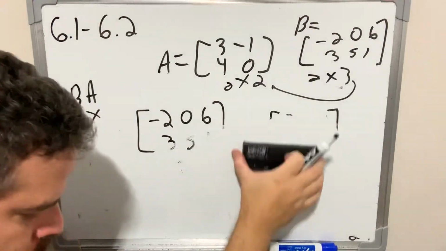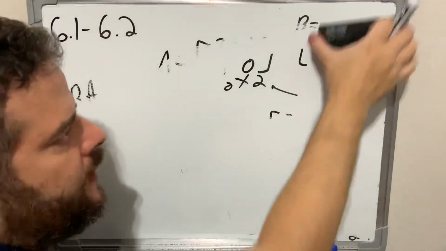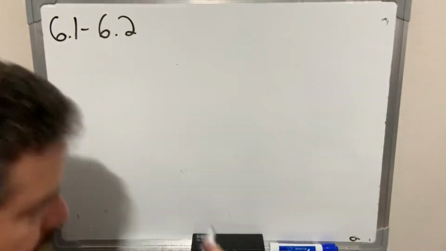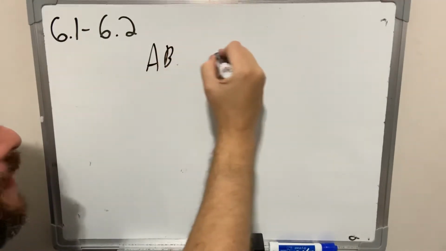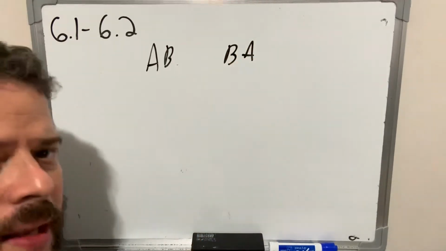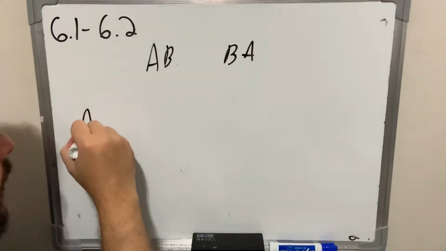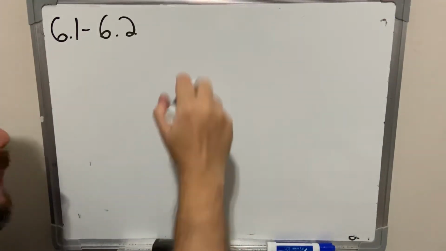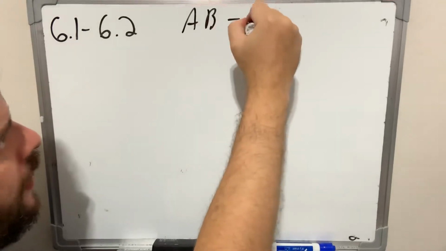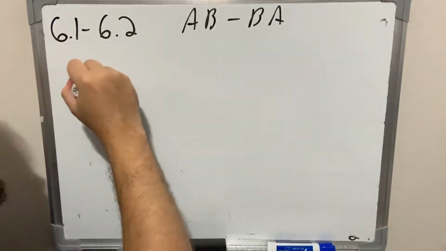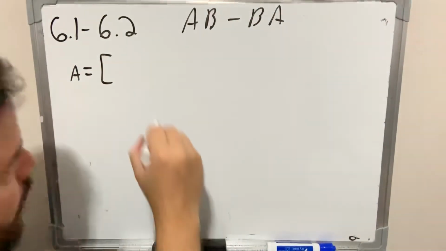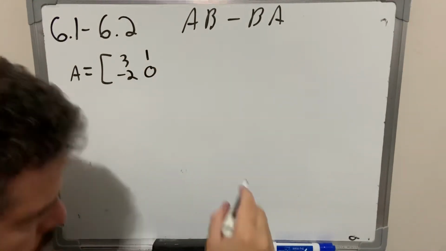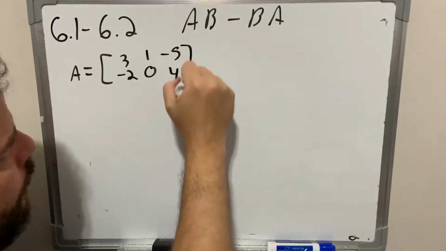Now let's do guided practice, at least 1 or 2 guided practices together. So the first guided practice tells me to find AB and also BA if possible. Matrix A is the following matrix. 3, negative 2, 1, 0, negative 5, 4.